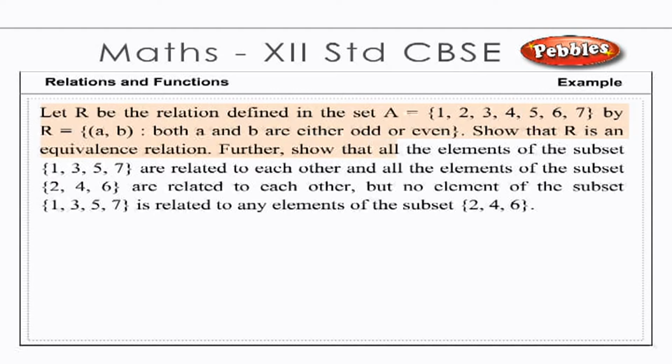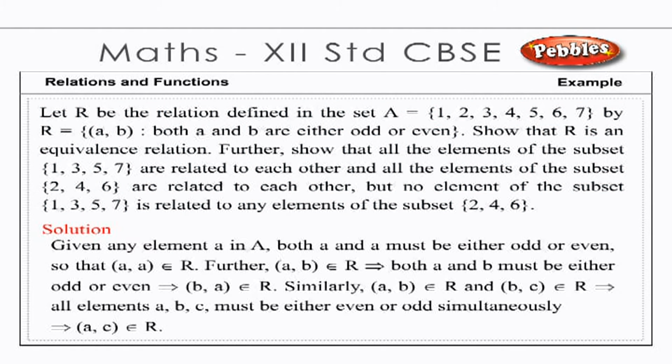Further, show that all the elements of the subset {1, 3, 5, 7} are related to each other and all the elements of the subset {2, 4, 6} are related to each other, but no element of the subset {1, 3, 5, 7} is related to any element of the subset {2, 4, 6}.